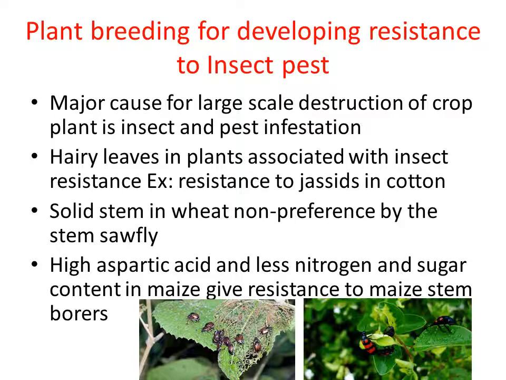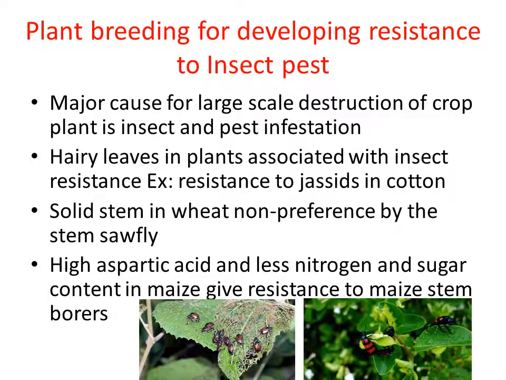Because of this nature, the maize stem is not attacked by the stem borers. Otherwise, if these chemicals are not released in the maize plant, the stem borer is going to easily attack the stem, right? So these are the examples we can see.